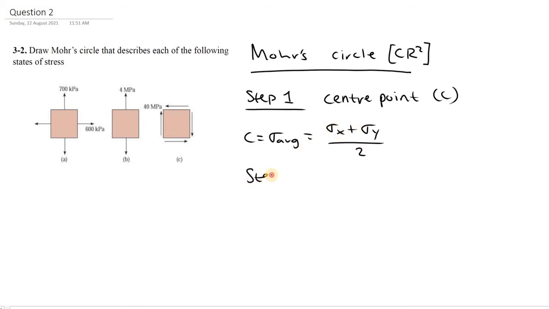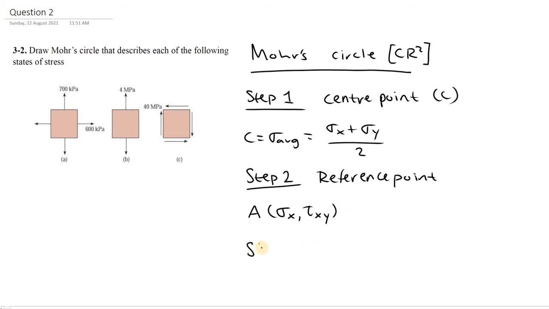Step 2, which is the first R in here, refers to our reference point. That's often annotated A, which basically we just note down the coordinates, so the normal stress in X and our shear stress.